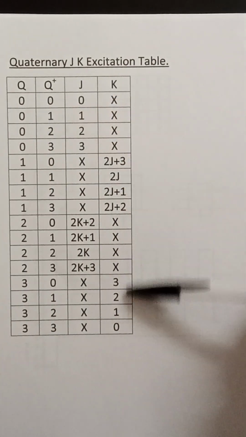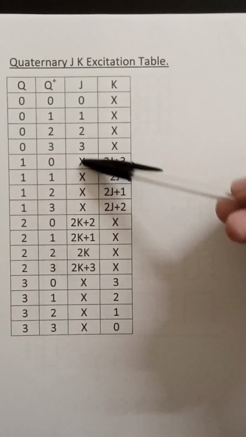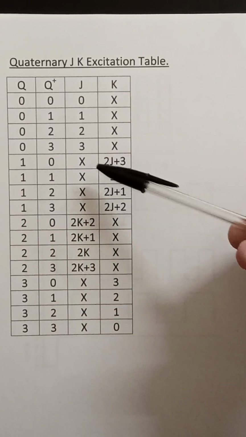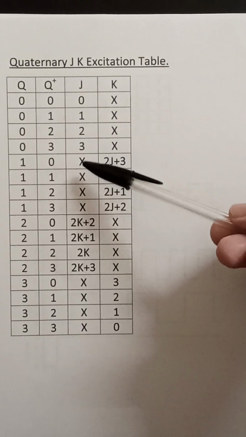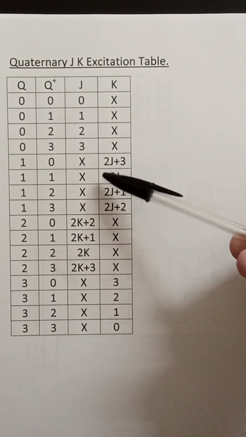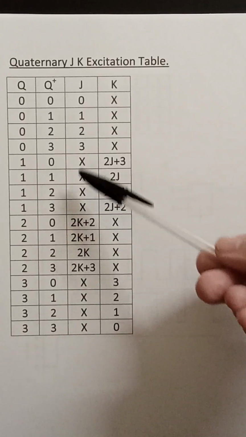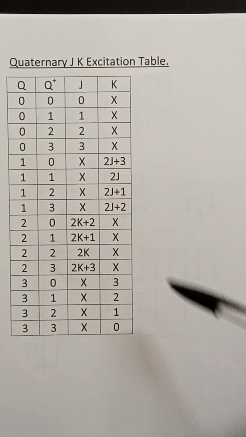Here the X can assume any value 0, 1, 2 or 3. And for this group 4, when Q equals 1, whatever value you choose for X, K is equal to 2 times J plus 3. So for example, if J was 0, 2 times 0 plus 3 is 3, so K would equal 3.